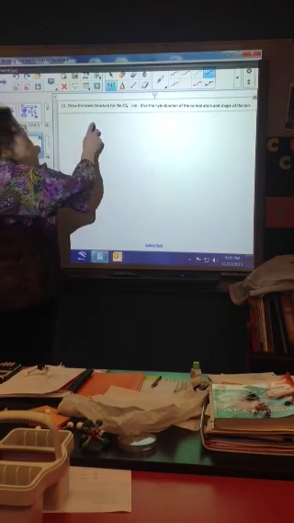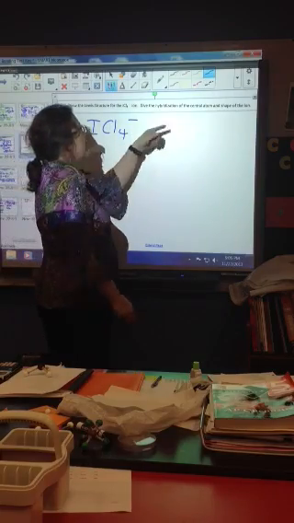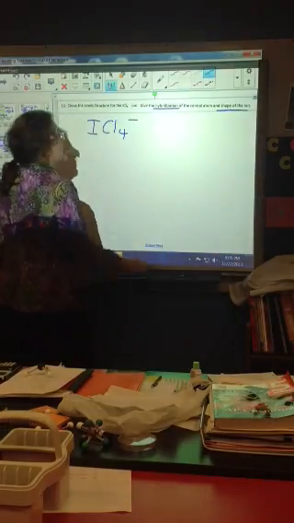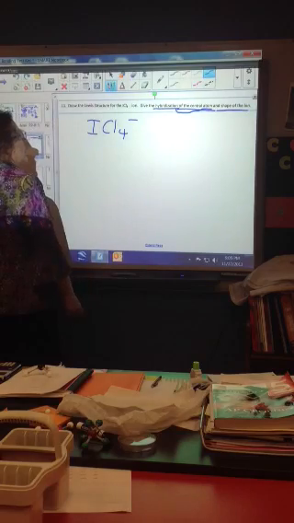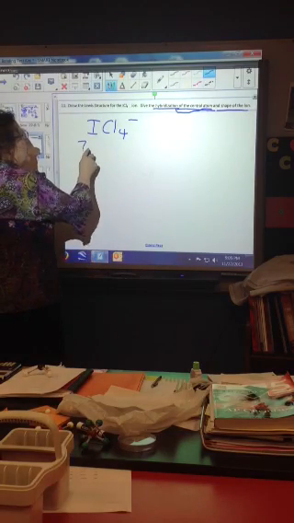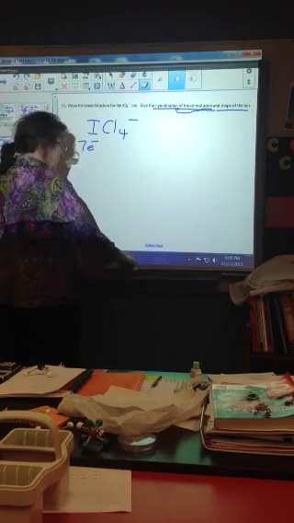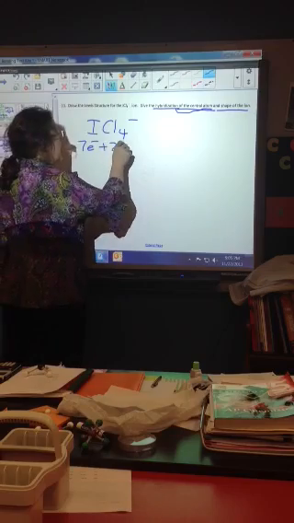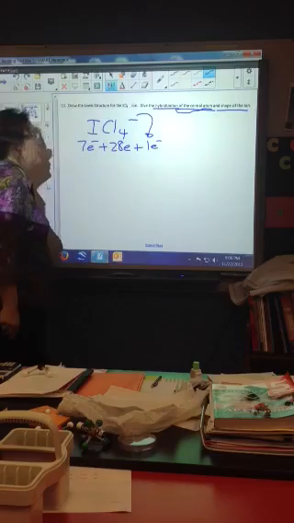Draw the Lewis structure for the ICl4 minus ion, give the hybridization and the shape. And it says hybridization of the central atom. Okay. So counting electrons, 7 from iodine plus halogens have 7, so 4 times 7 is 28, plus the charge, 1 electron from the charge.